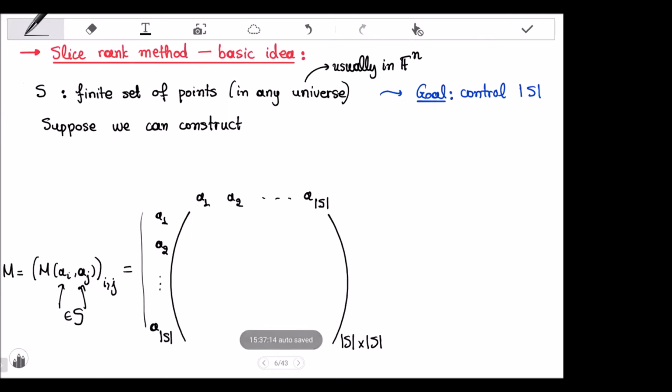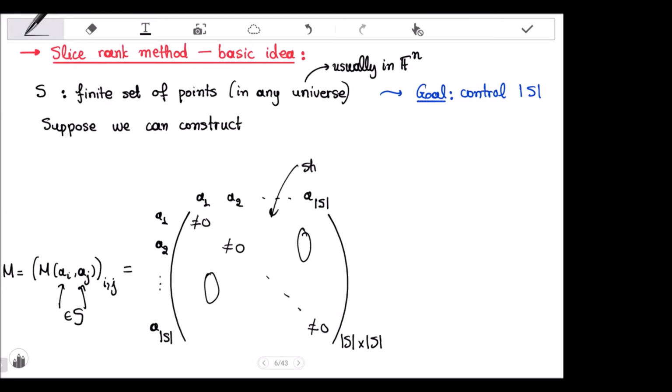So here I enumerate the elements of S. And here in the matrix, let's say I have non-zero everywhere in the diagonal, and 0 everywhere else. Okay, so this is a very special type of diagonal matrix. And let's say that the reason such a matrix exists is that we use the structure of S.